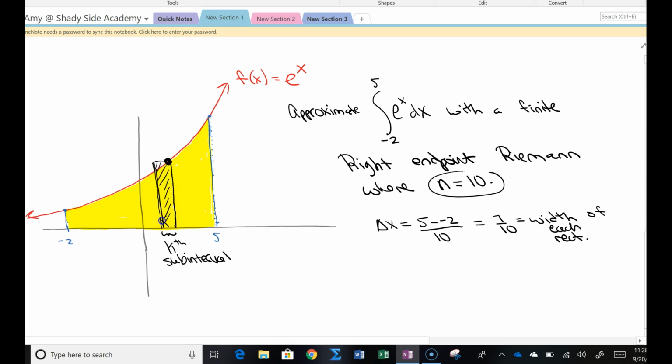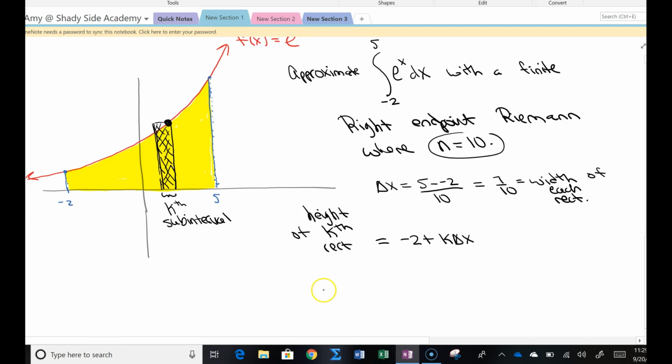Okay, so this is what this rectangle looks like. I'm trying to get an expression for one rectangle first, and then I can create the sum. So delta x is 7/10, that's the width of each rectangle. I know that the height of the kth rectangle is going to equal the lower limit of integration, or I should say the left-hand limit of integration, so -2 plus k delta x, right?